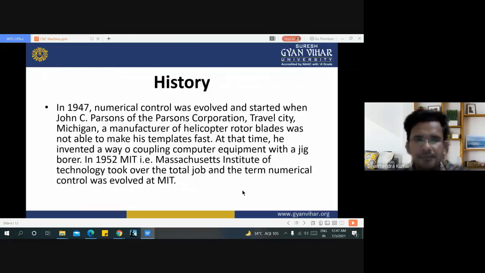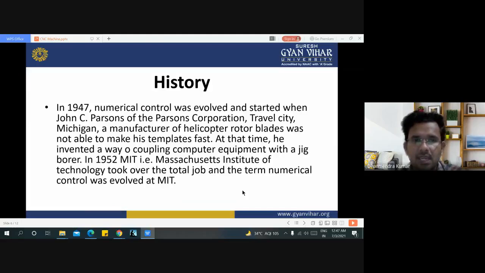Here is the history of CNC machine. In 1947, numeric control evolved and started when John C. Parsons of the Parsons Corporation, Traverse City, Michigan, a manufacturer of helicopter rotor blades, was not able to make his templates fast.